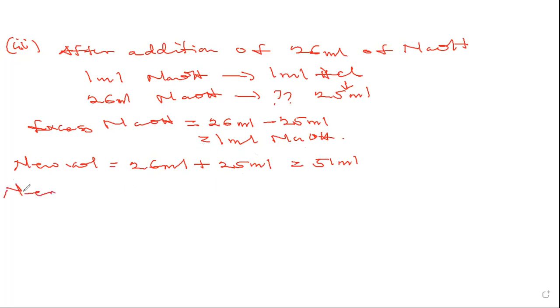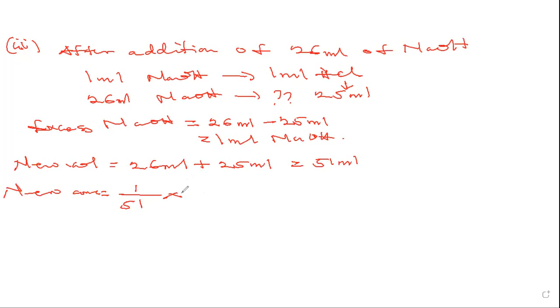And so we have to find our new concentration. Once our volume has changed and something is in excess, we have to find our new concentration of the solution. And that is simply going to be whatever we have in excess. We have 1 mil of the base in excess, and we divide that by the total volume of the solution, that's 51 mils, and we multiply it by the concentration of whatever solution is in excess. This time around, it is our base that is in excess.